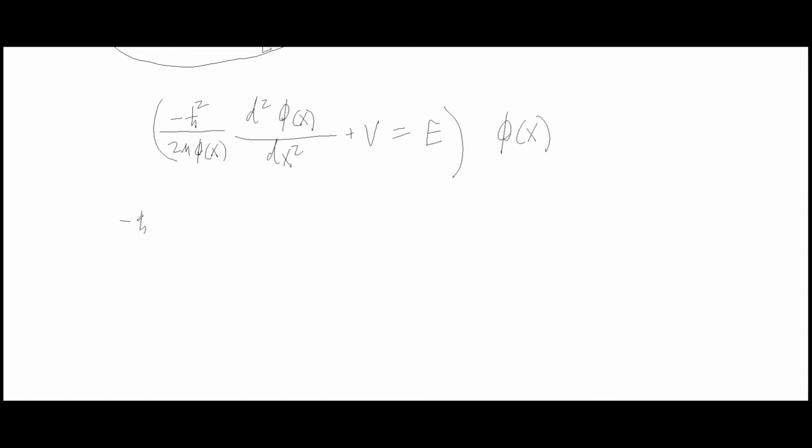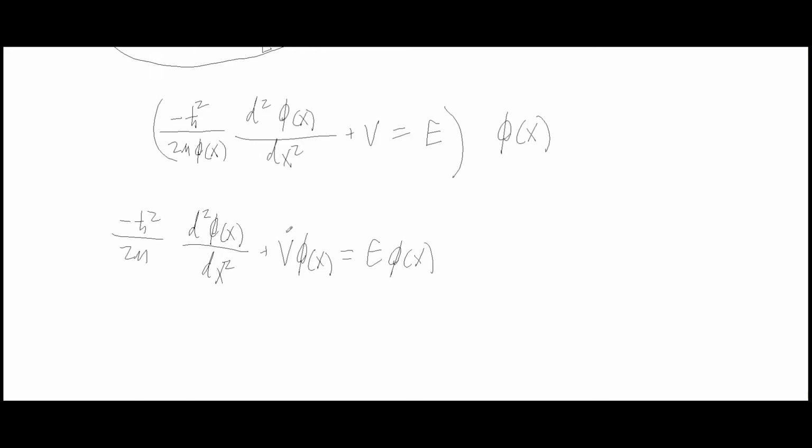So we have minus h bar squared over 2m, and then our second differential of phi as a function of x with respect to x, plus V phi of x equals E phi of x.